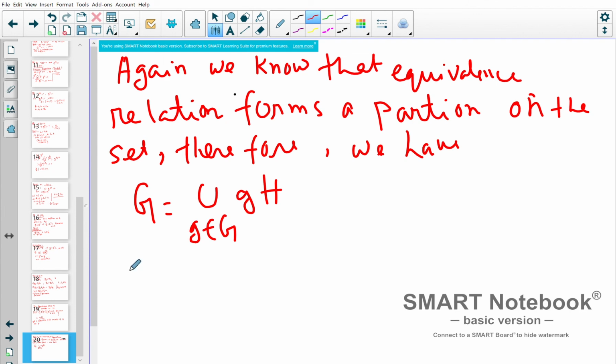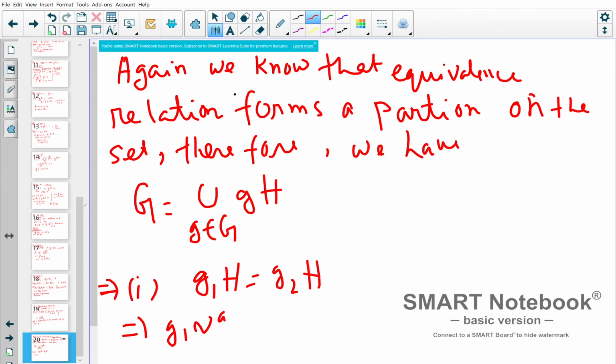This gives you one of the nice properties: if G1H equals G2H, that means the two equivalence classes are the same, then G1 must be related to G2.